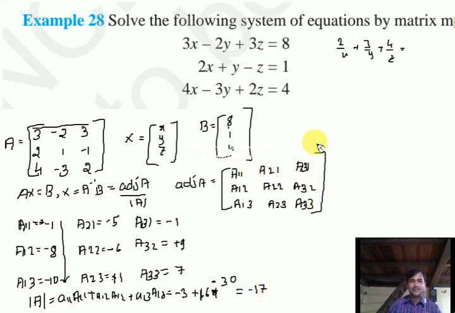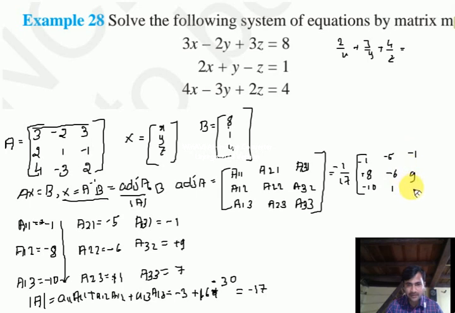So now substitute the values here, then it will be 1 by determinant of A. Actually X is equal to A inverse into B. A inverse is adjoint of A divided by determinant of A, into B, which we also have. Therefore I will substitute minus 1 by 17 into the adjoint matrix: minus 1, minus 8, minus 10; minus 5, minus 6, plus 1; minus 1, 9, 7, into 8, 1, 4.